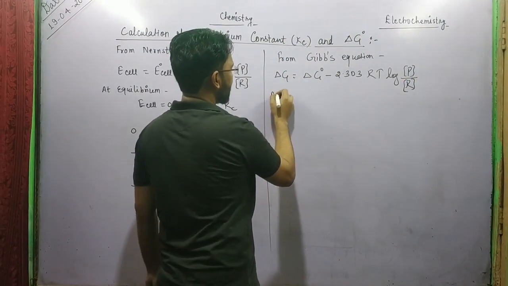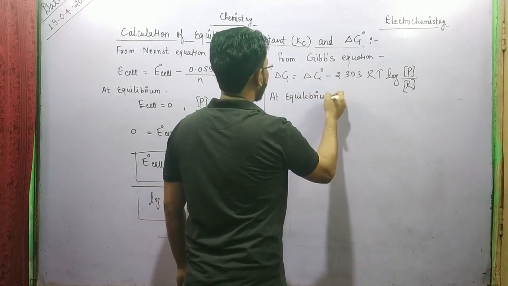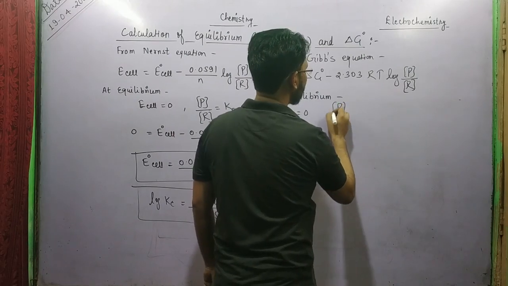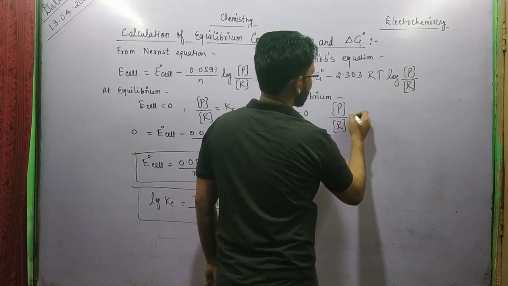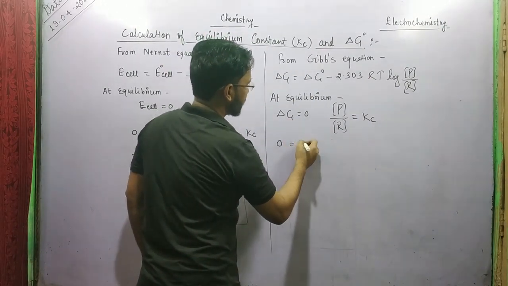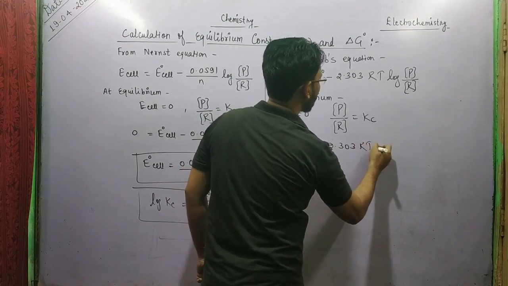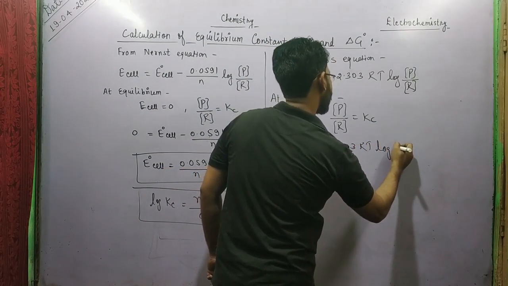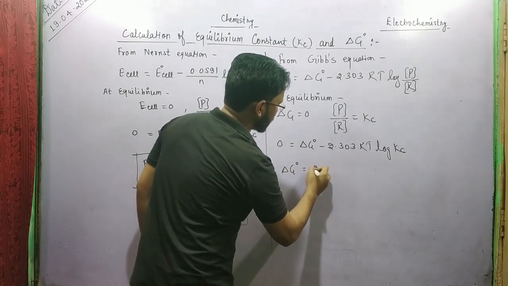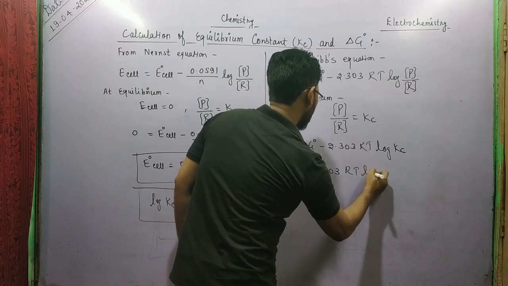Same at equilibrium, the value of delta G becomes 0 and P over R is equal to Kc. Then putting all values, 0 equals delta G naught minus 2.303 RT log Kc, and delta G naught equals 2.303 RT log Kc.